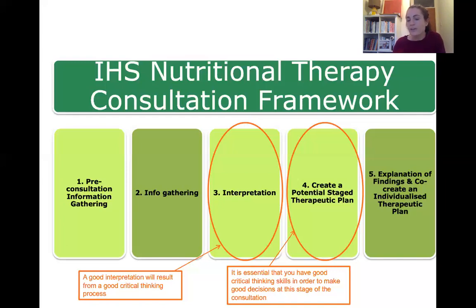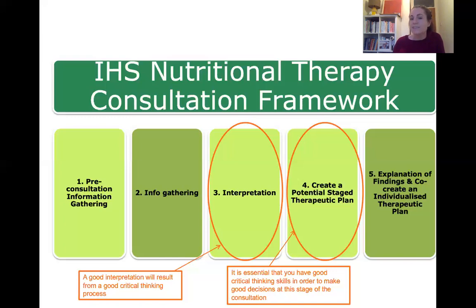In order to do that, you need to be able to decide what tests are viable, you need to find good supplements, and you need to be able to critically appraise or assess information on different supplements. You need to look at research on therapeutic diets and make decisions based on the available research. So these are all examples of where critical thinking skills are important.